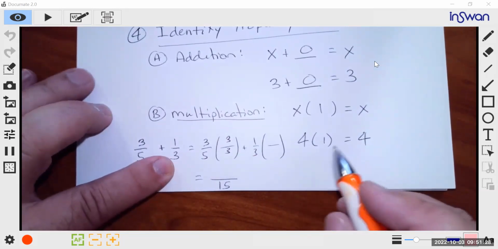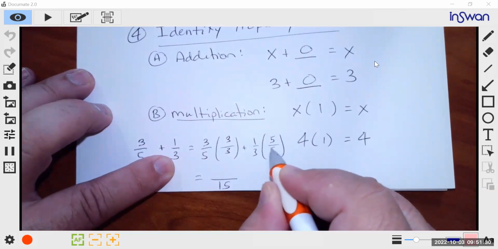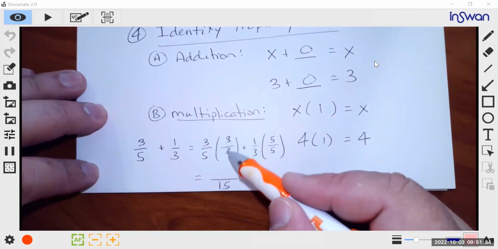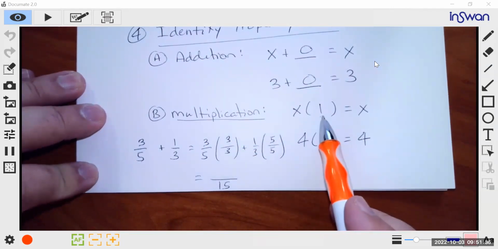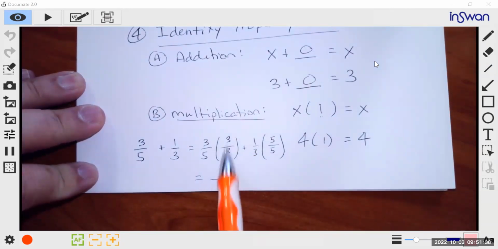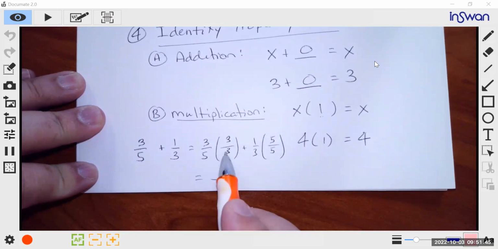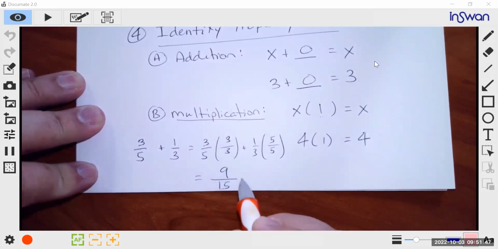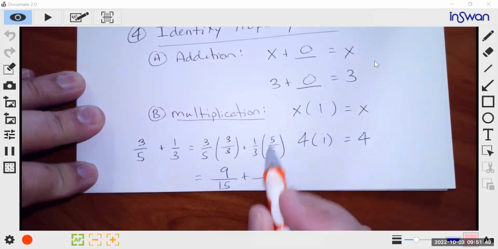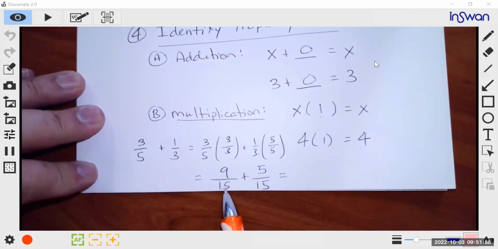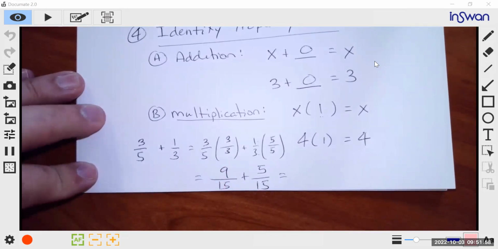What times 3 is 15? But what is 3 divided by 3? 1. That's this rule. I'm multiplying by 1, I'm not changing the number, I'm simply changing the way it looks. So 5 times 3 is 15 on the bottom, 3 times 3 is 9. 5 times 1 is 5. 9 over 15 is the same thing as 3 over 5.